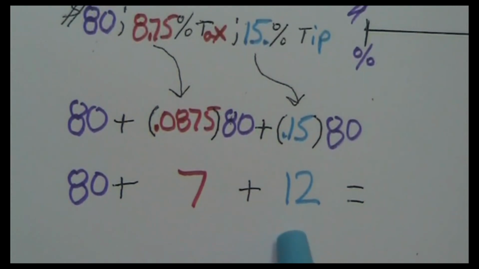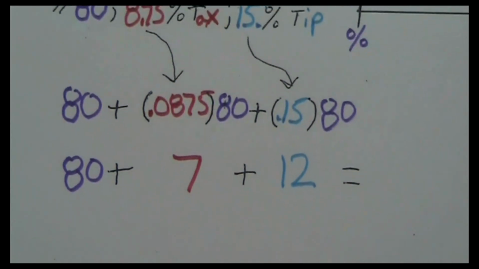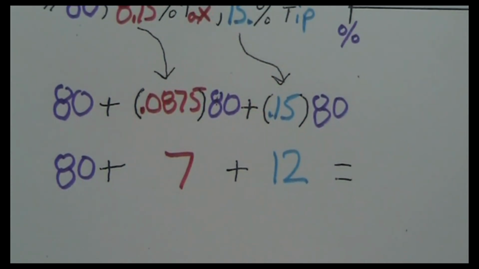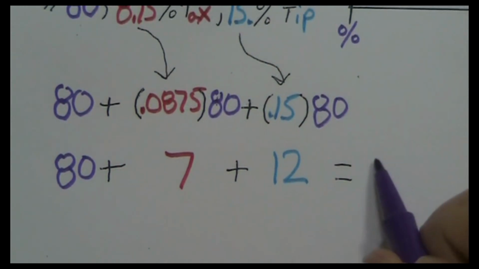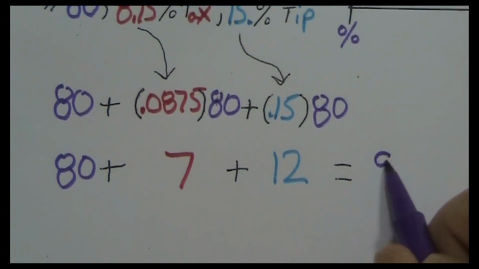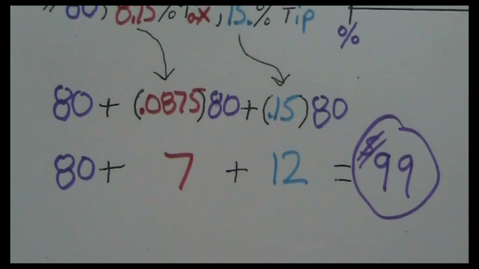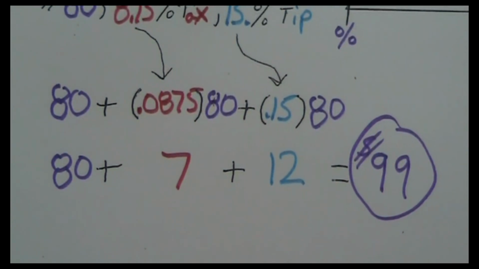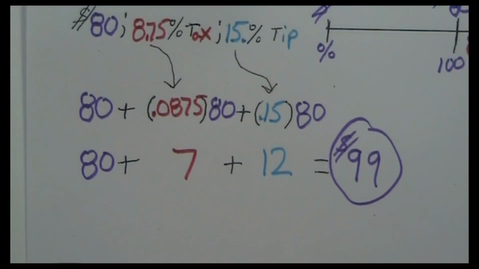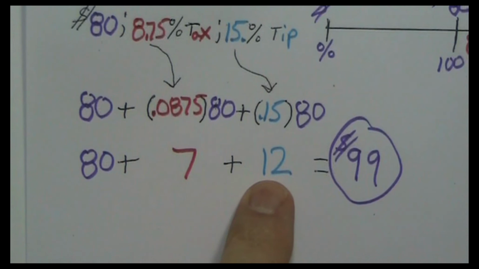And now I just add those together. Let's see, what is that, $99? That will be the total cost. So if you buy dinner for $80, you pay $7 for tax, and then you leave a tip, $12.